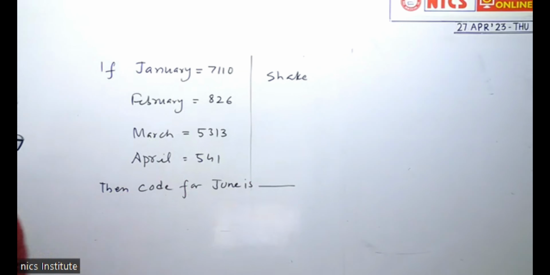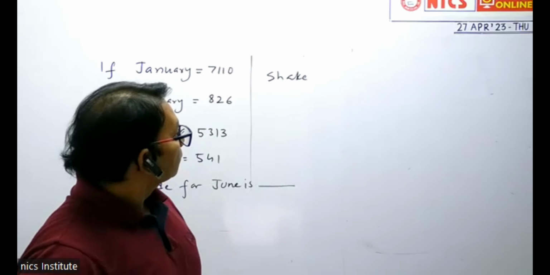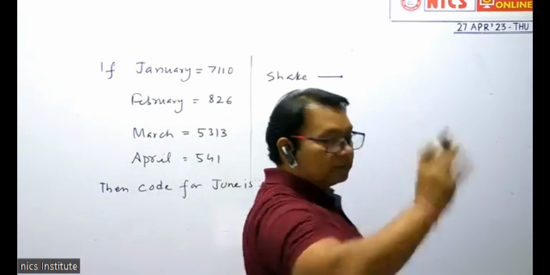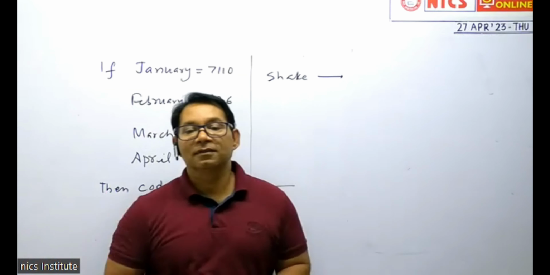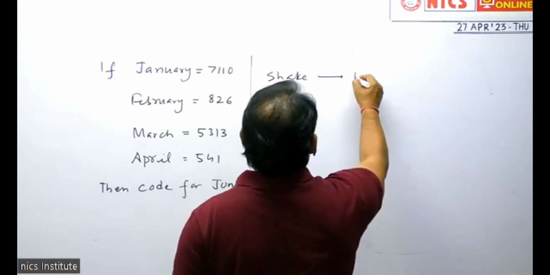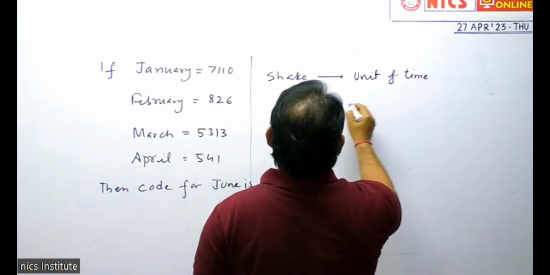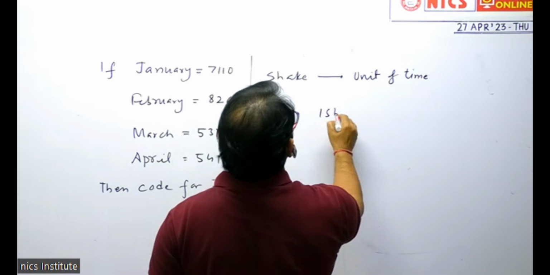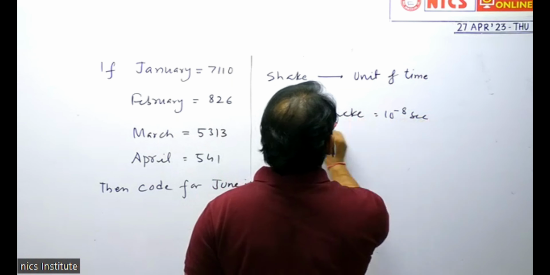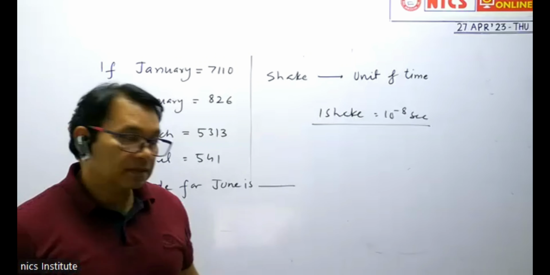We have already discussed general physics. Remember, shake is any guess? It is unit of time. And one shake equals 10 to the power minus 8 seconds. Remember this. One shake is 10 to the power minus 8 seconds.